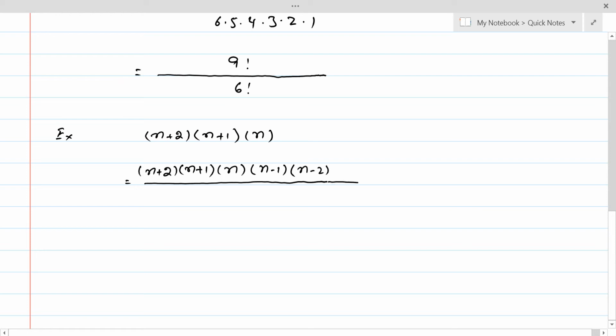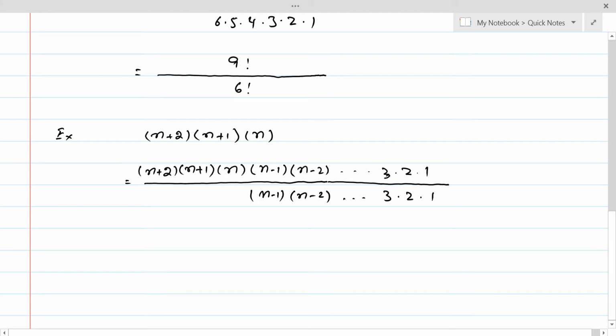This way we will continue all the way until we reach 3, 2 and 1. But because the given numbers were only n plus 2, n plus 1 and n, we have multiplied this product of natural numbers up to n minus 1. We have to divide by the same thing as well. So this would be n minus 1, n minus 2 and so on all the way up to 3 times 2 times 1.